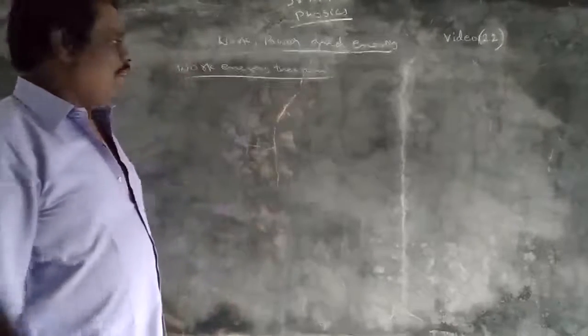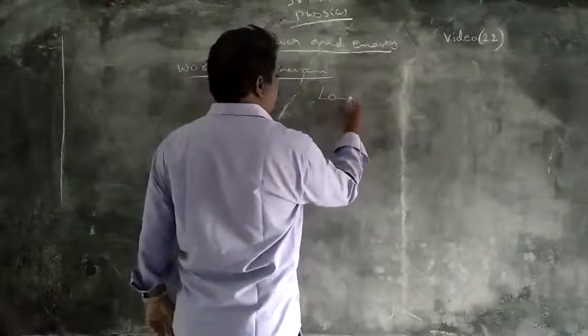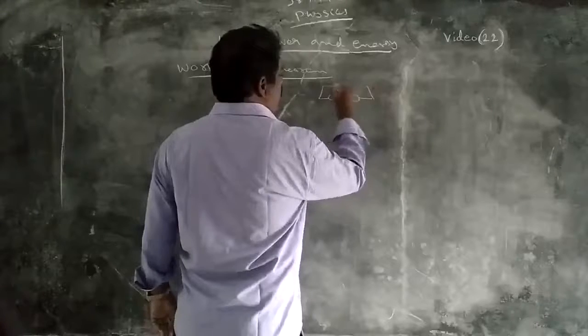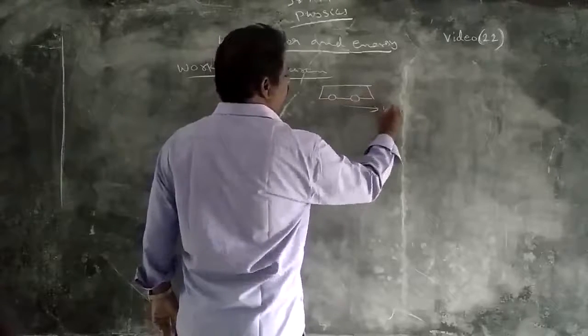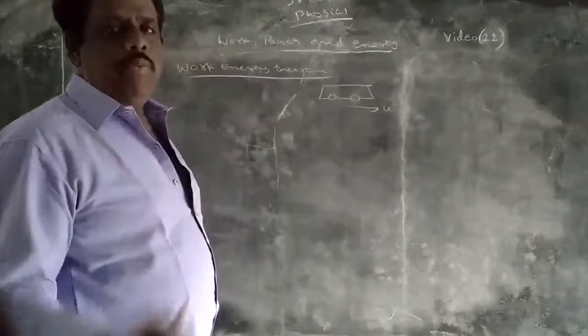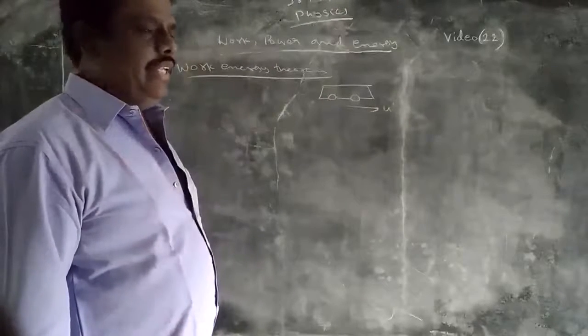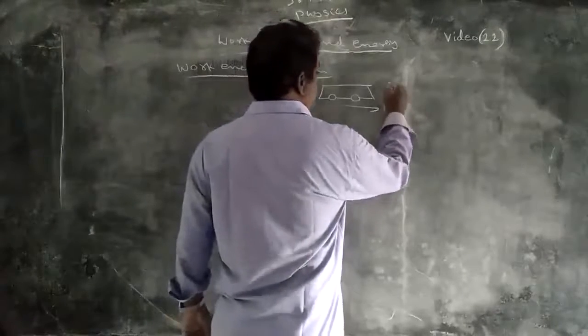Work energy theorem. Let us consider a body moving with the initial velocity u. Remember, initial velocity should always be denoted with u, and it moves with the final velocity v.